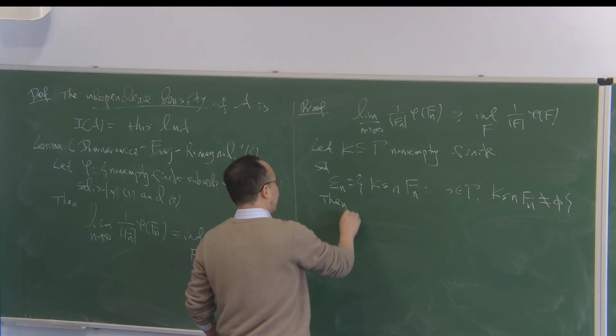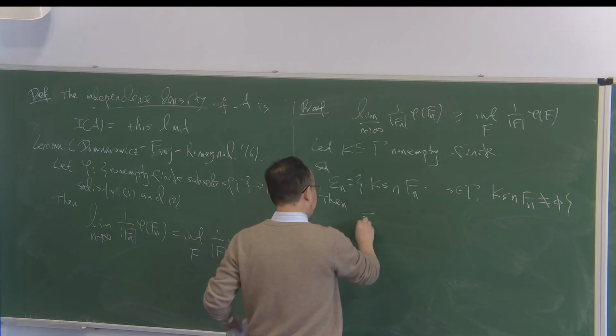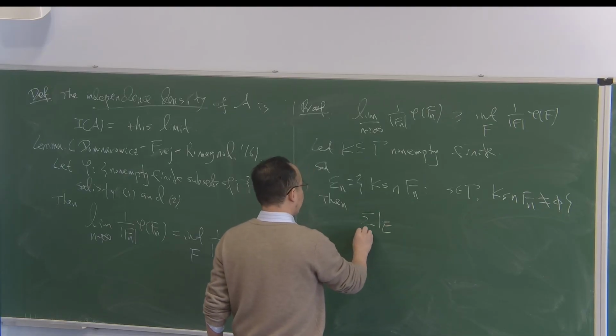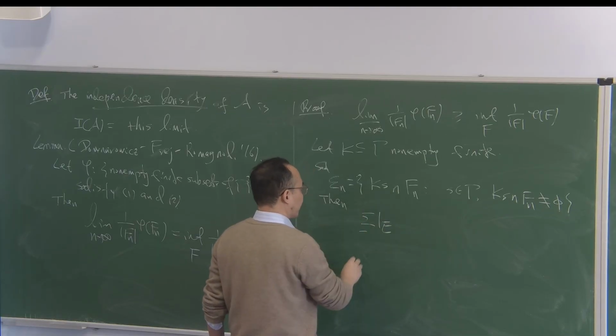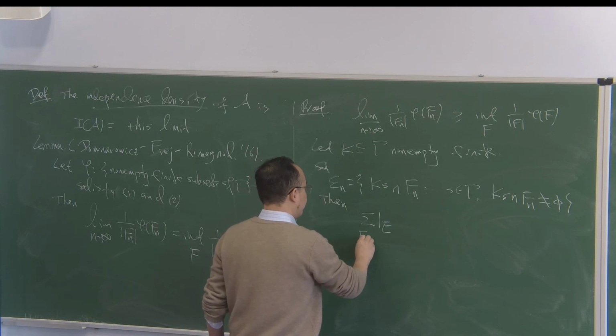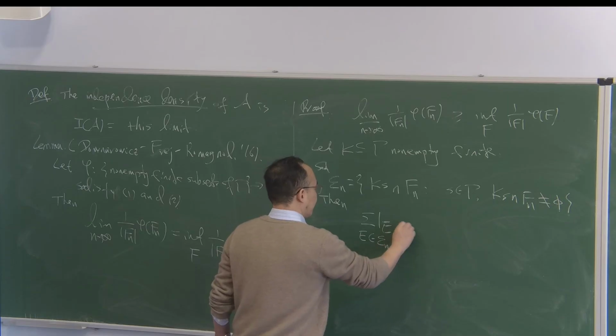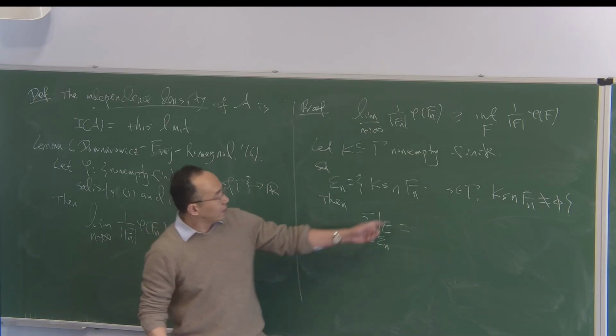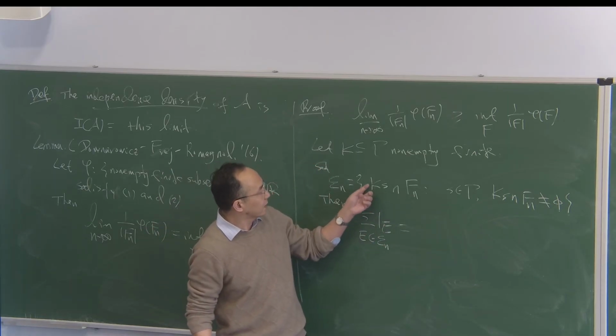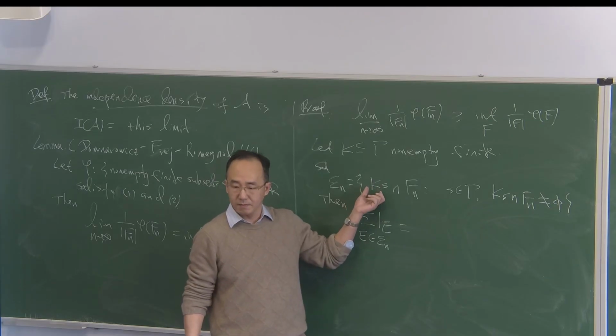Then, if we take the sum of these guys, look at all these sets together, they will cover each point of Fn exactly the size of K many times.